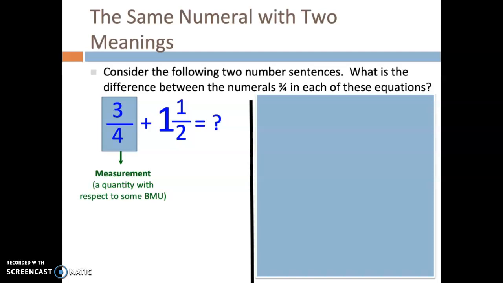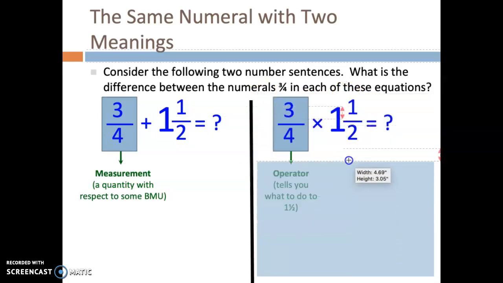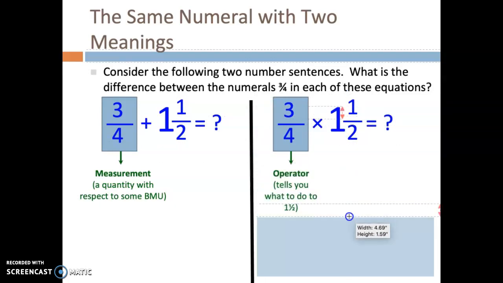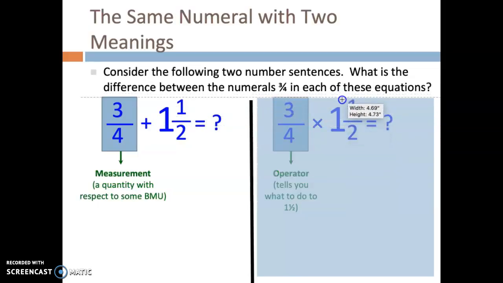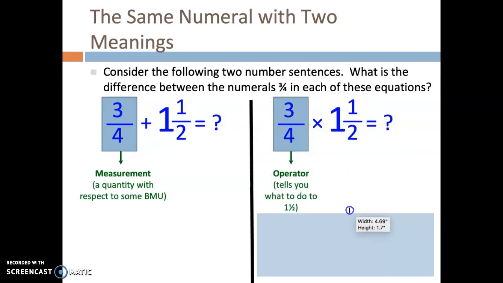Again, in this first number sentence, 3/4 represents the measurement, a quantity with respect to some BMU. Okay, so what I did was I used the drawing tool, and I just covered that up with a box, and you can see that I'm pulling it up and down. So you have that option, and you'll see this in example in further slides.